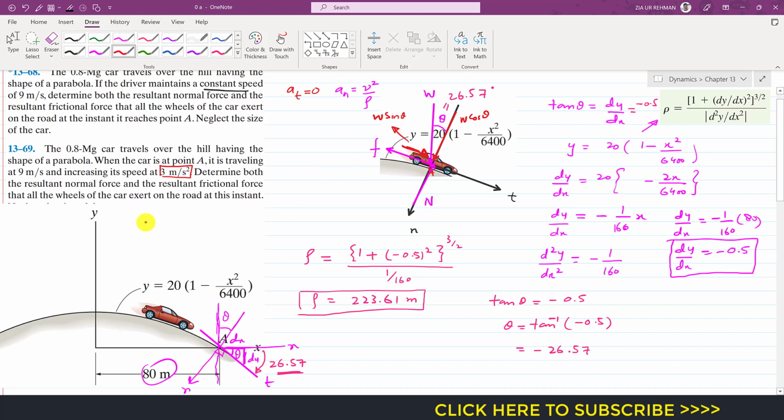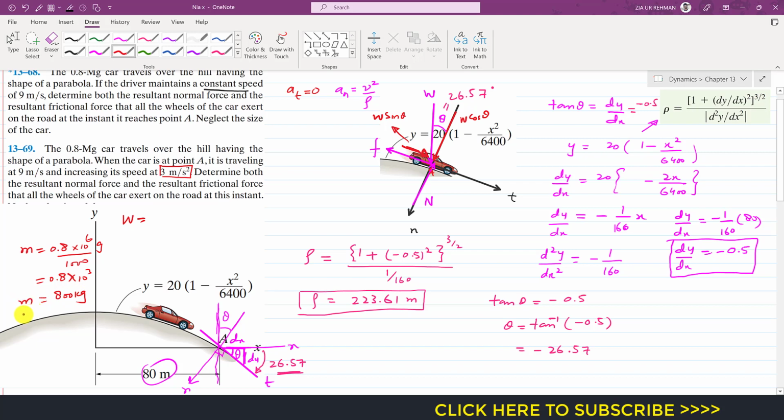And we can find that weight. We are given that the mass is 0.8 megagram. So in kgs, the mass is 0.8 into 10 raised to the power 6 grams. If we divide it by 1000, this will be 0.8 into 10 raised to the power 3, or we can say it is 800 kgs.